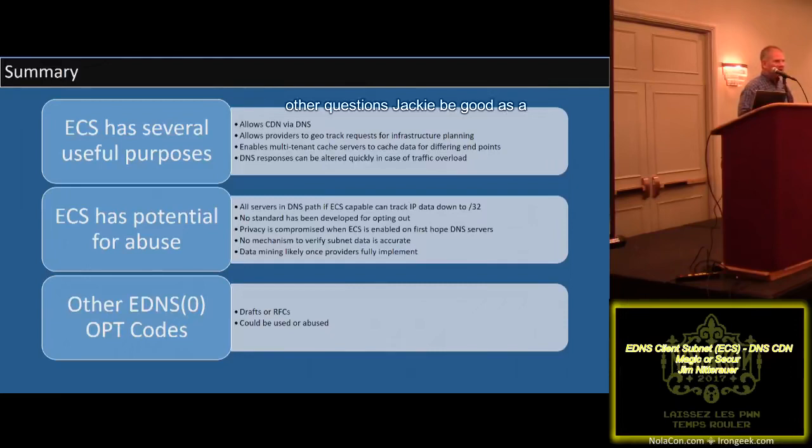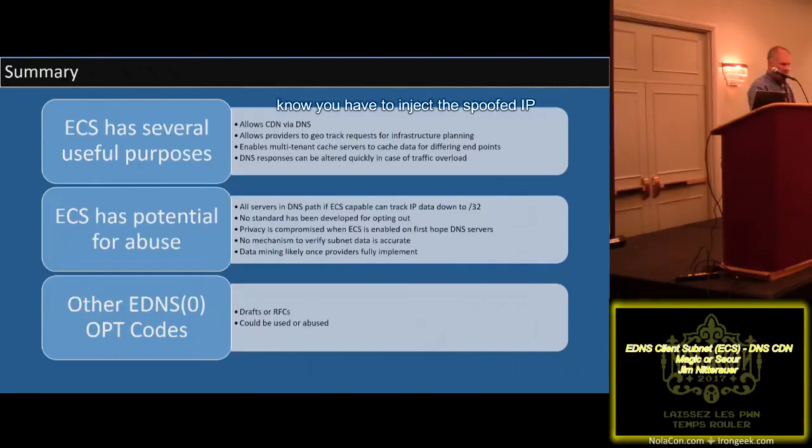Okay. Any other questions? Jackie? Is there any reason not to write a hash or line? Be a good thing to do, yeah. You could turn it off, but the problem is the next hop up, right?